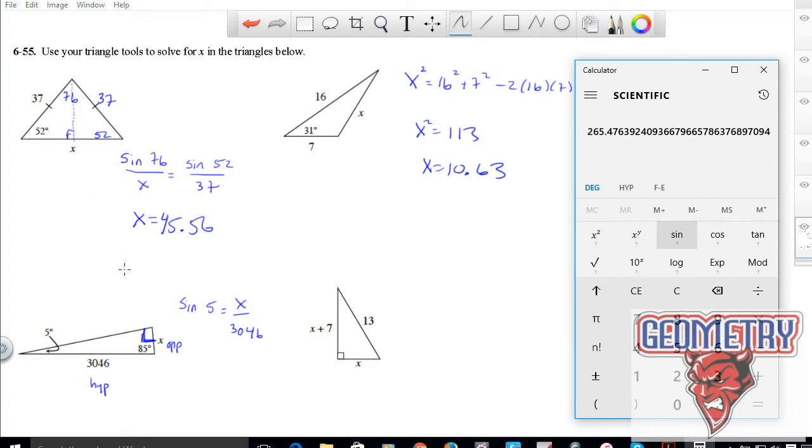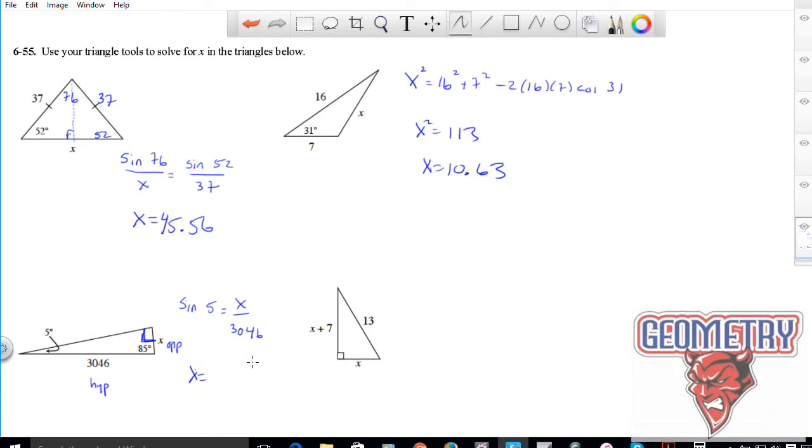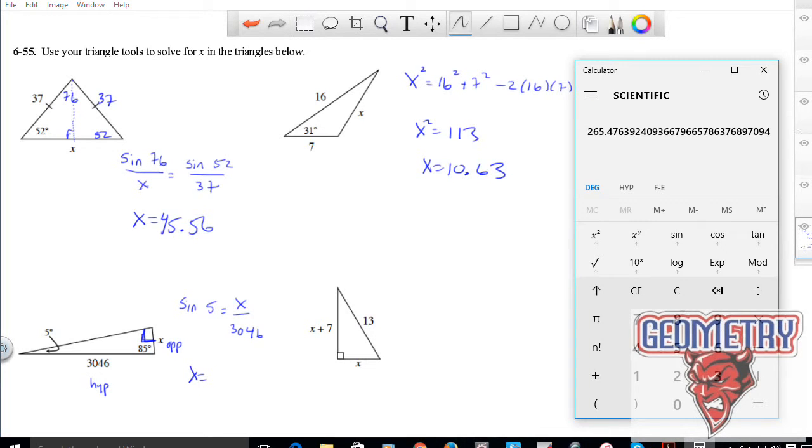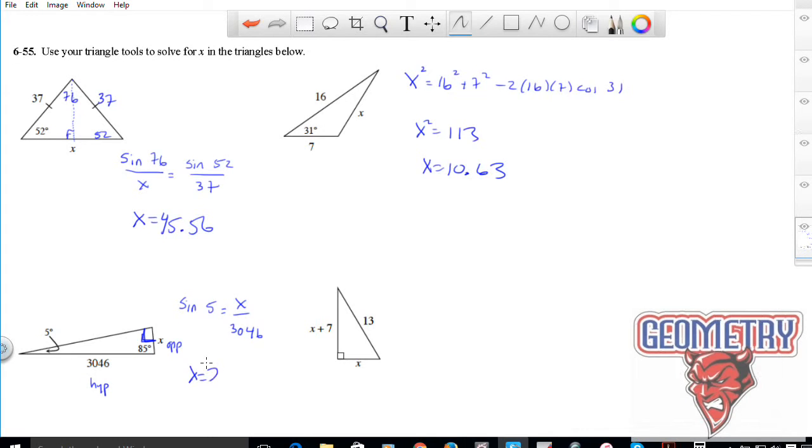So our value of x is, of course I don't remember what that was, 265.48. If you wanted to use 85 degrees, that would be fine. It would then just be a cosine relationship. So the cosine of 85 would be x over 3046.